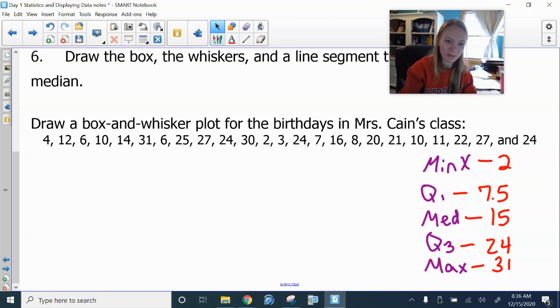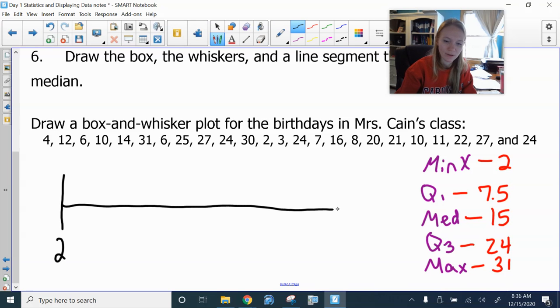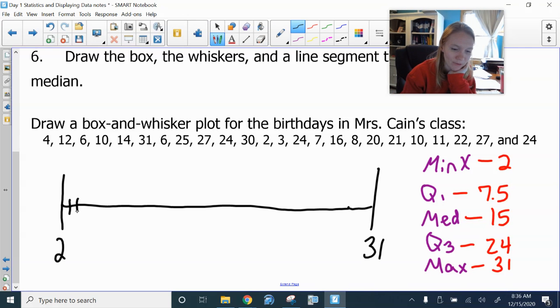So to draw a box and whisker plot, I'm going to start at 2. Technically, we would draw this out on a number line, but I don't really want to. Let's see here. 3, 4, 5, 6, 7, 8, 9, 10, 11, 12, 13, 14, 15.